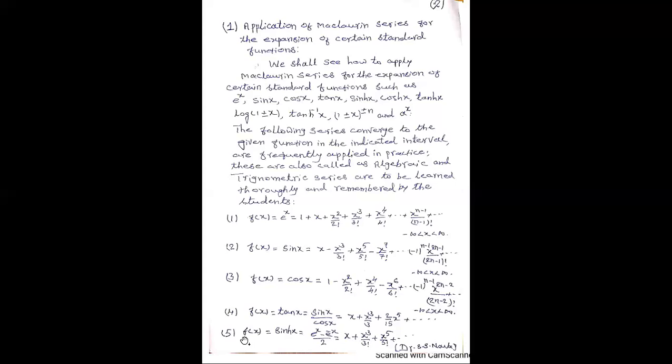Now, if you see this sin hx and sin x, you can understand that in the sin x series you are having alternate signs, positive, negative. In the sin hx series, all of them are positive terms. So these are also odd powers.